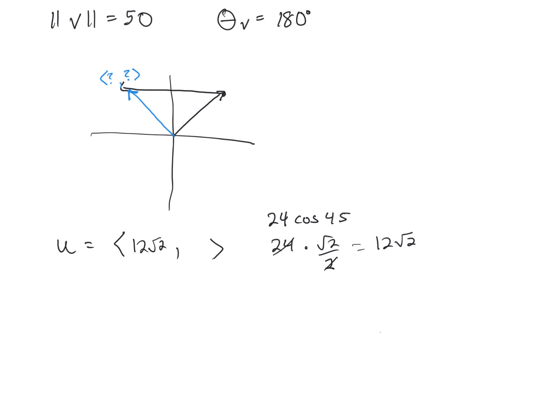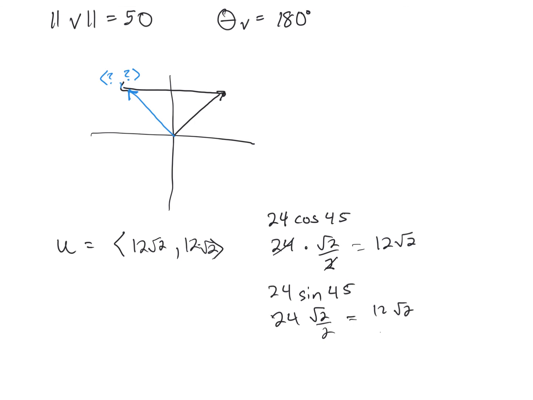Our y-coordinate is 24 times sine of 45, which is also 12 root 2. So we have 12 root 2 and 12 root 2 for the components of u.